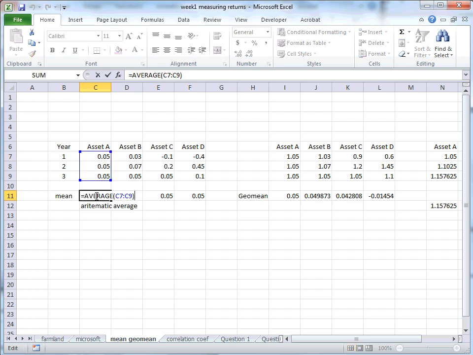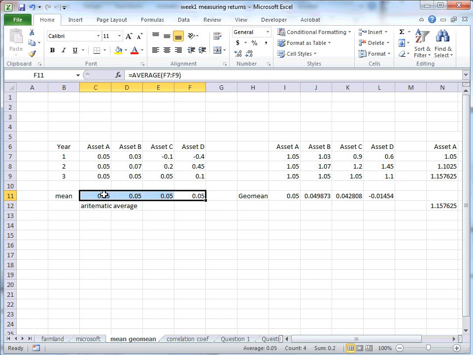So its mean, or its average, would be 5%. Asset B has a little bit of difference, 3% in year 1, 7% year 2, 5% year 3, still 5% return. 5% return on asset C and 5% return on asset D. So all of these have the same arithmetic average.